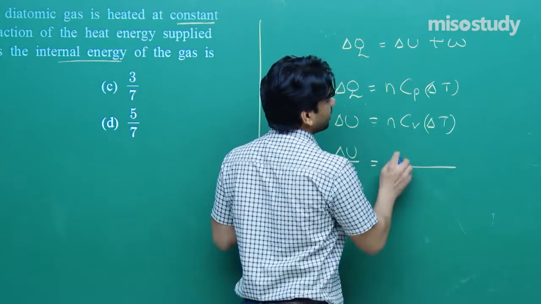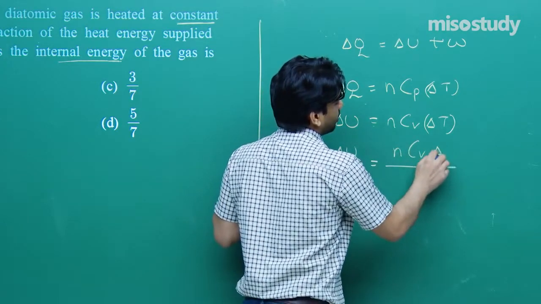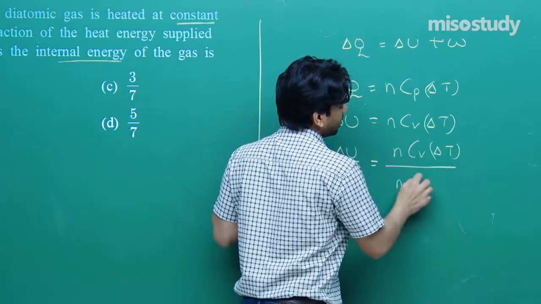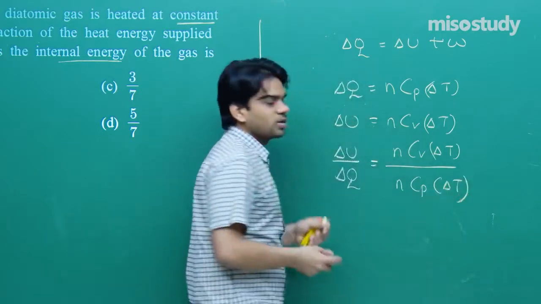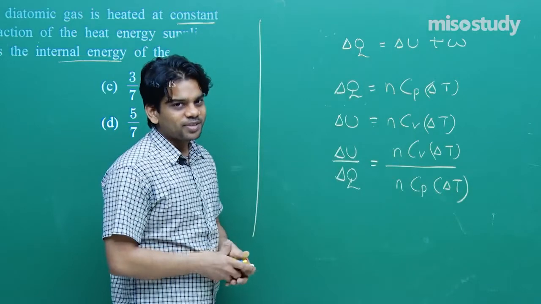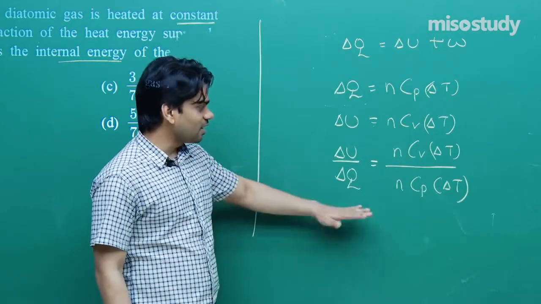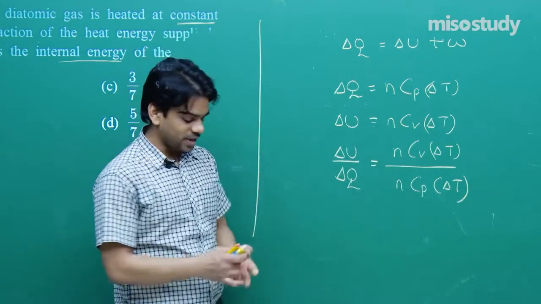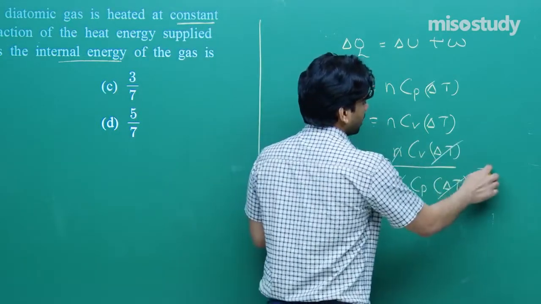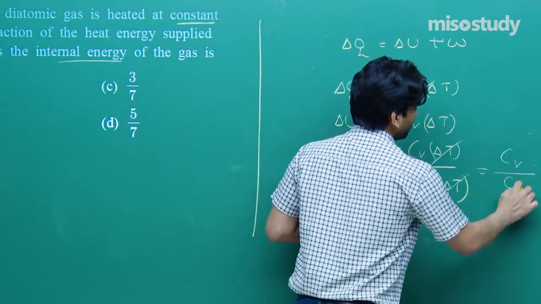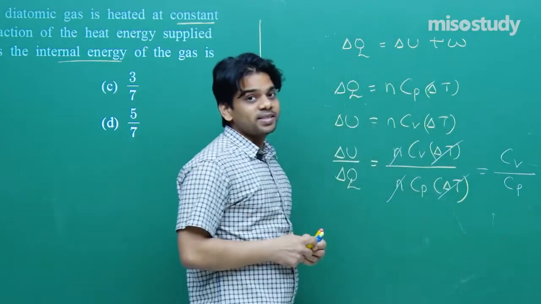So NCV delta T by NCP delta T, and after so many discussions based upon CP and CV, I believe that you can clearly now answer this. N and delta T will be cancelled out. Clearly the answer will be CV by CP, that is 1 upon CP by CV.